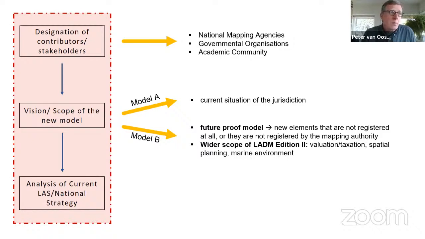If it's about improving the model, think, okay, what is the wider scope, what is added, maybe take advantage of the new parts of LADM that are developed: valuation, spatial planning, or marine.